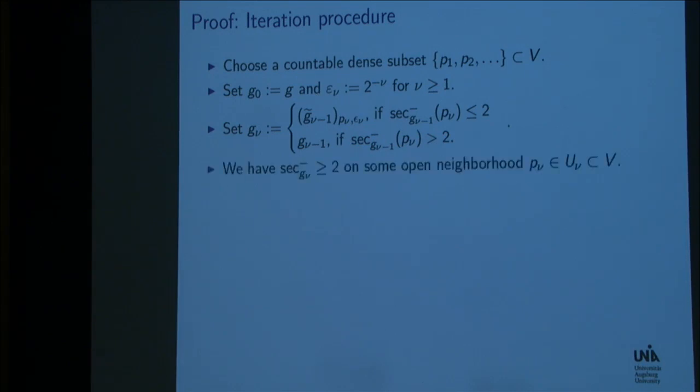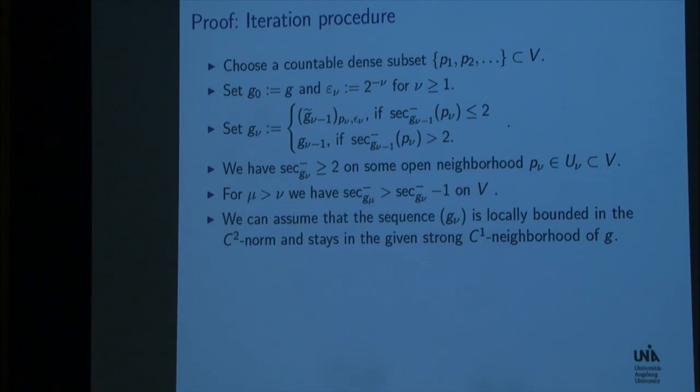So this new metric has sectional curvature bounded below by 2 on some open neighborhood, this U0, which I call here U nu around P nu. And also the error that we create is bounded above in sum by 1. So when we pass to some arbitrary higher mu, the sectional curvature of this metric G mu is bounded below by the sectional curvature of G nu minus 1. That's because the sum of all these mistakes is equal to 1.